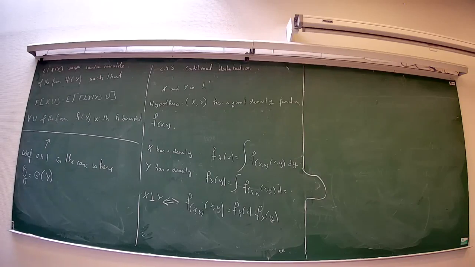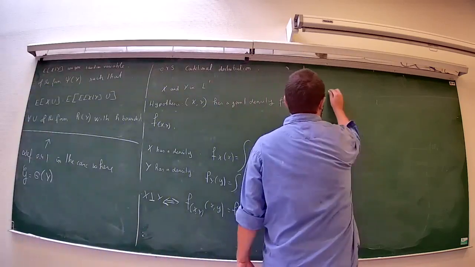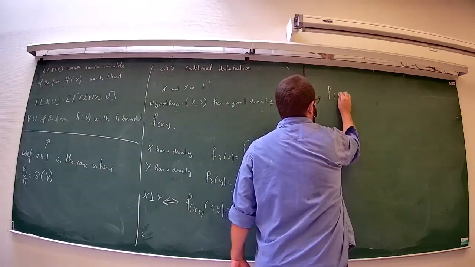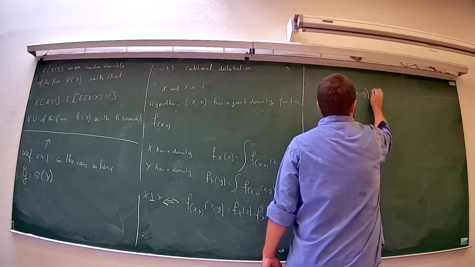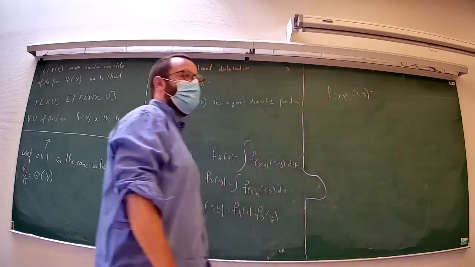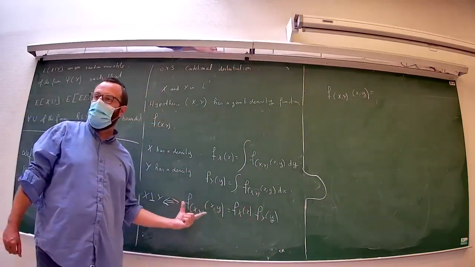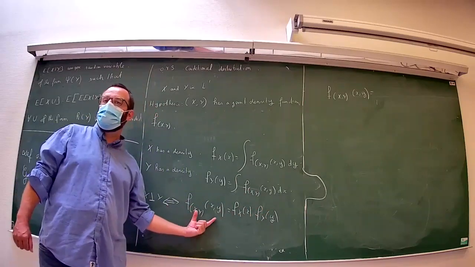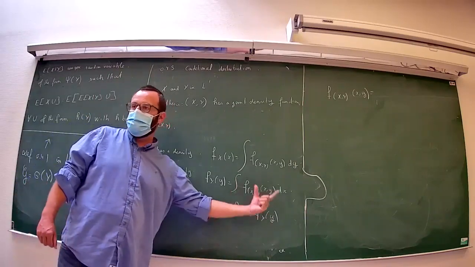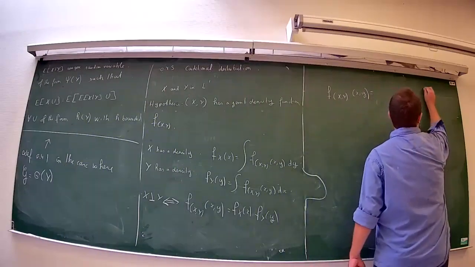In general, they are not independent. But in the case where they are not independent, often we want to extend this kind of relation, in some sense, to decompose the joint density using this.